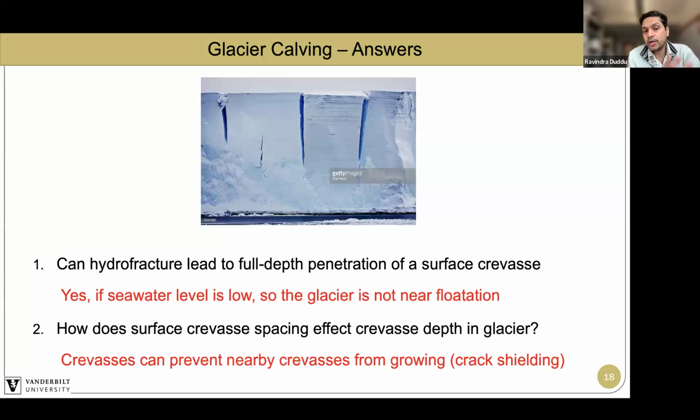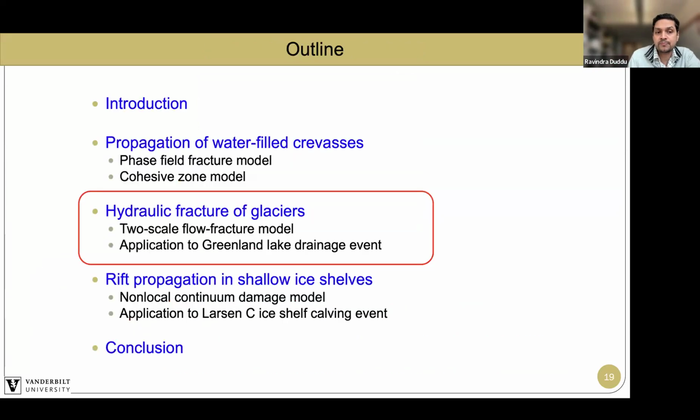So that's why you see ponding of lakes, because the driving stress is not enough in those regions to propagate full depth fractures. Now, crevasse spacing obviously affects these crevasse depths, and that is the mechanism we call crack shielding in engineering. And so we do see this evidence in simulations.